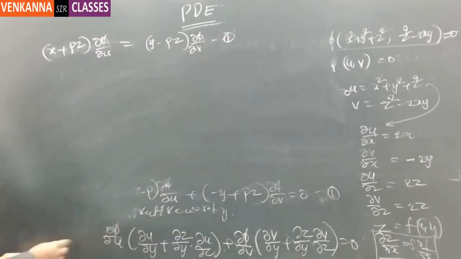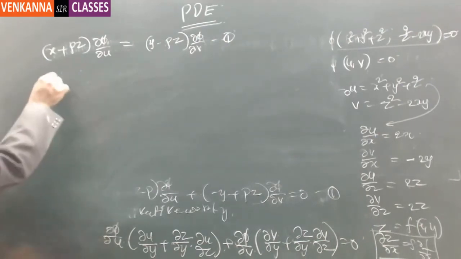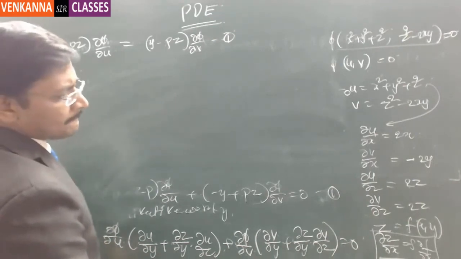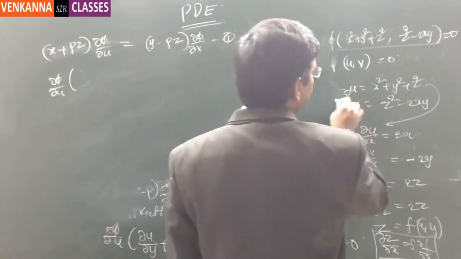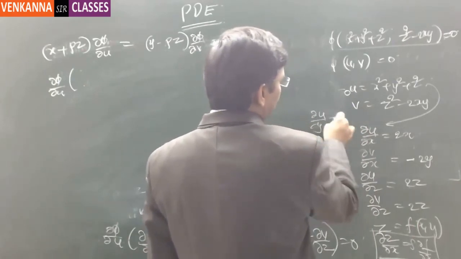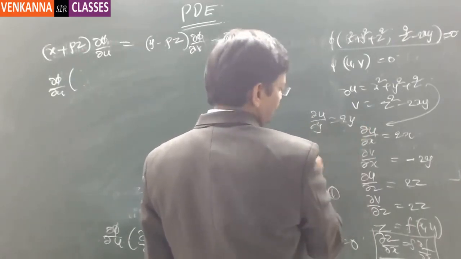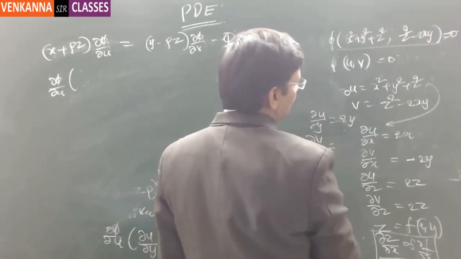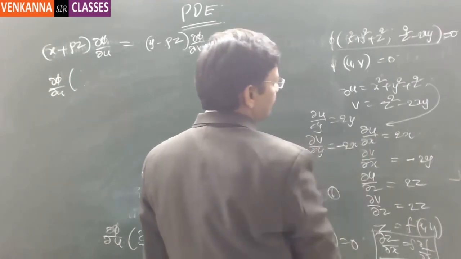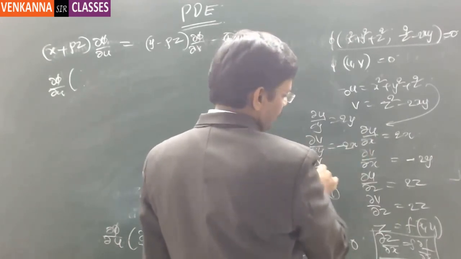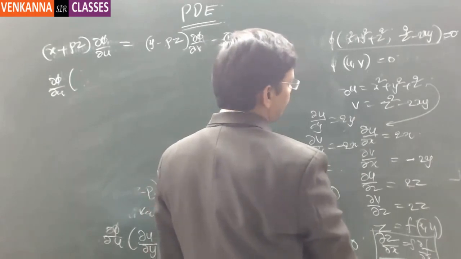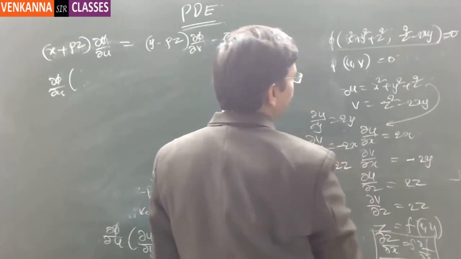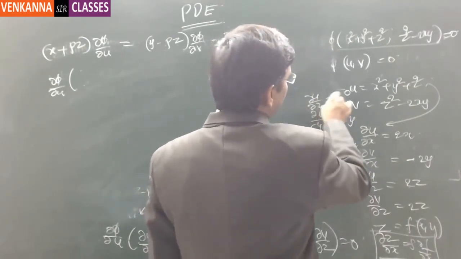Now if we again simplify the second equation, dou phi by dou u into dou u by dou y. So I have to calculate dou u by dou y. Dou u by dou y is equal to 2y, dou v by dou y is minus 2x, dou v by dou z is 2z, and dou u by dou z is also 2z.